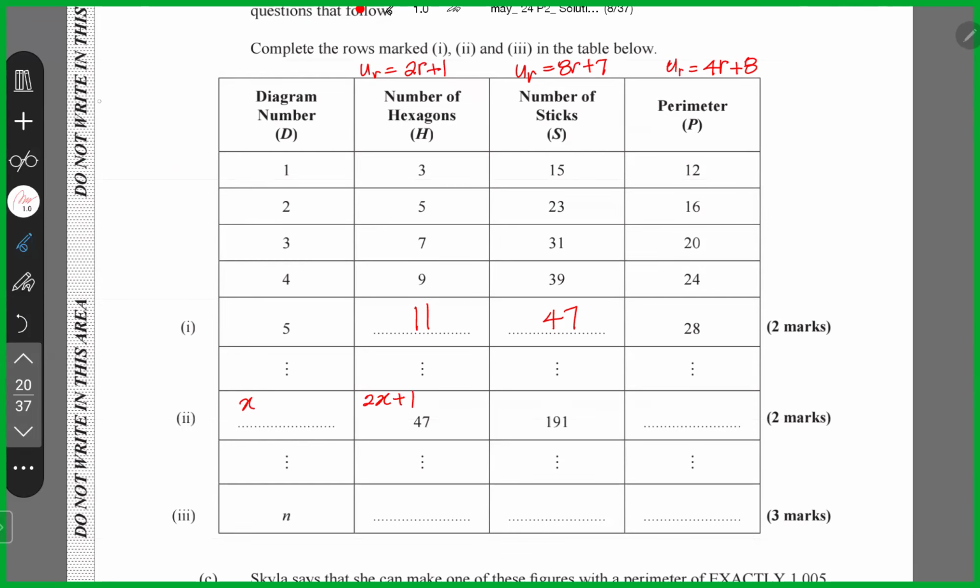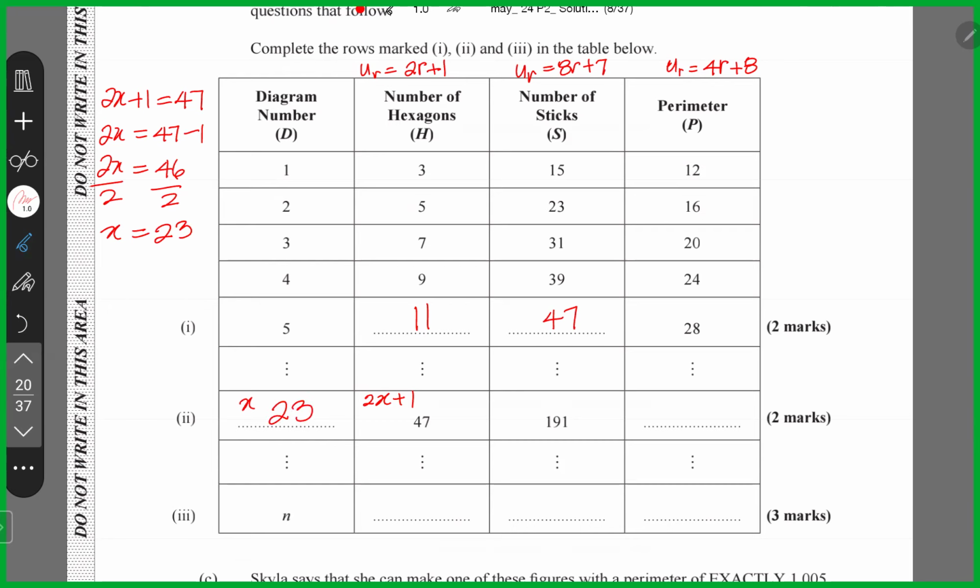Working it to the left, 2X plus 1 would be equal to 47. 2X would be 47 minus 1. 2X would be equal to 46. Divide both sides by 2, and X would be equal to 23. So the number here is 23.